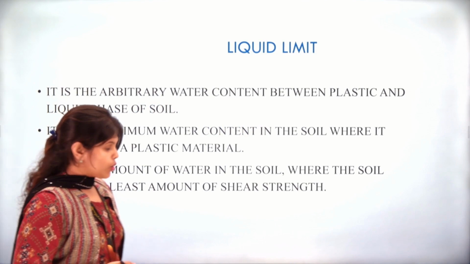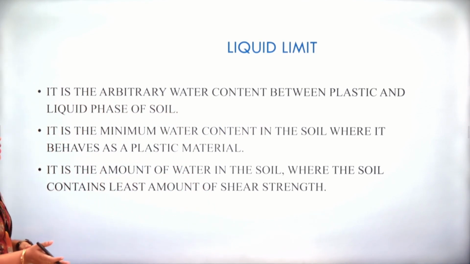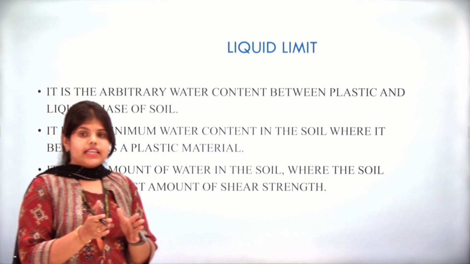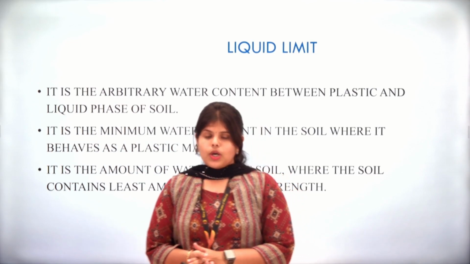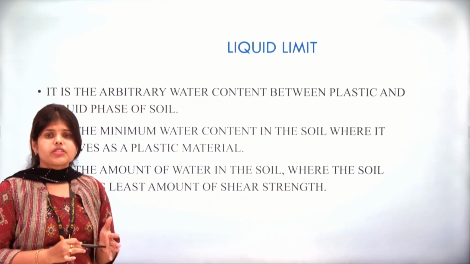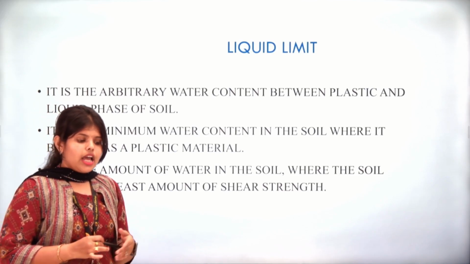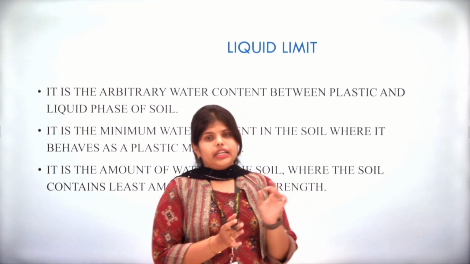To determine the liquid limit, we need to know what the liquid limit is. It is the water content between the plastic and liquid phase of soil. Among the three phases, semi-solid, plastic and liquid, the boundary between plastic and liquid is termed the liquid limit.